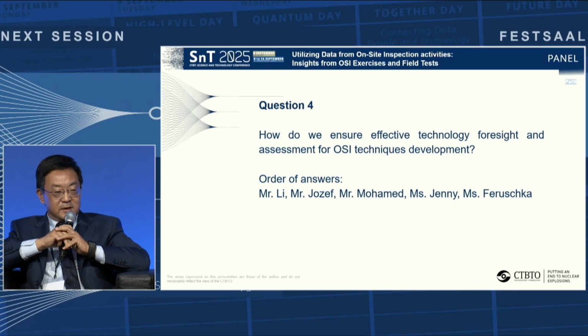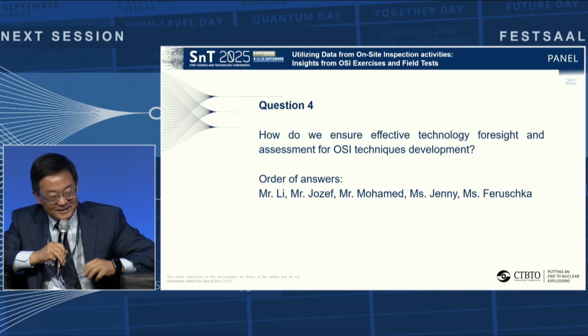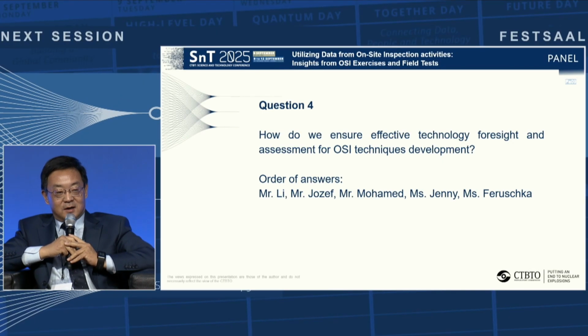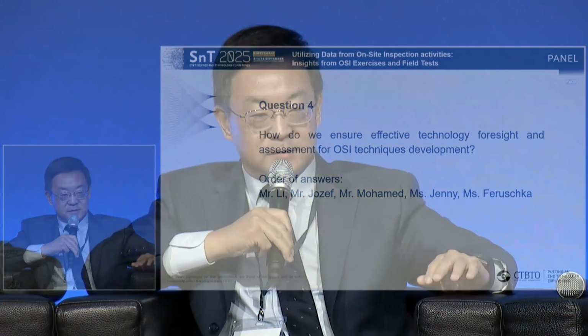Thank you. I can feel exactly the challenge of being the first to answer the question. Okay. From our past four times participation in the S&T conference, my experience was that you should be aware of the margins of the OSI equipment development.